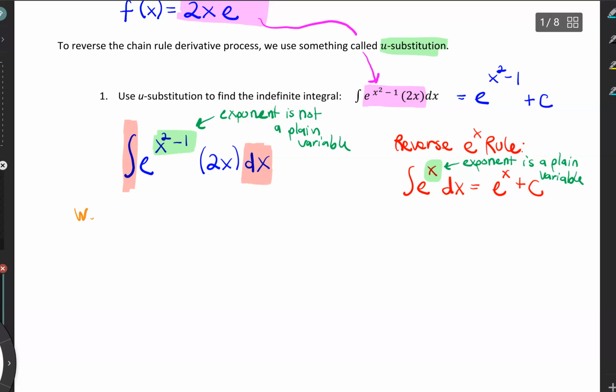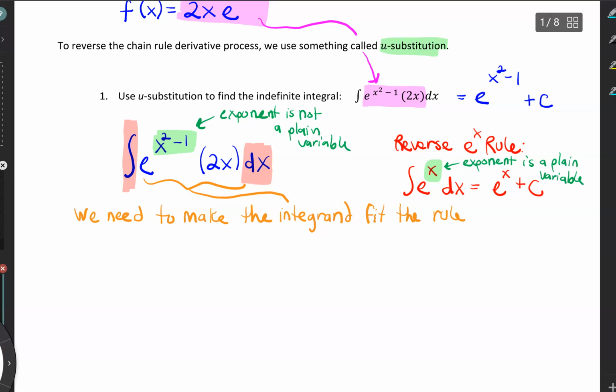So I'm going to write out in words, we need to make the integrand, that's this thing right here, fit the rule using u substitution.